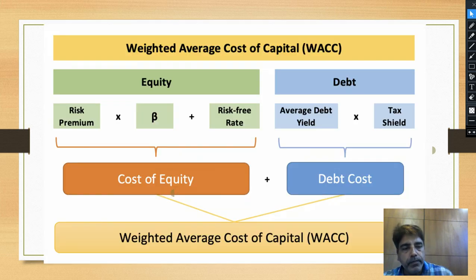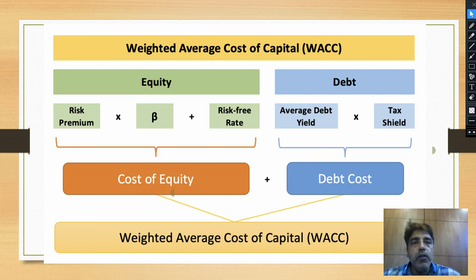As I have mentioned here, the WACC has the elements of cost of equity and cost of debt. In the cost of equity element, it is required to consider the systematic risk factor, which is known as beta, along with the risk-free rate.